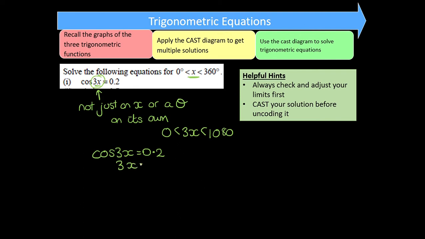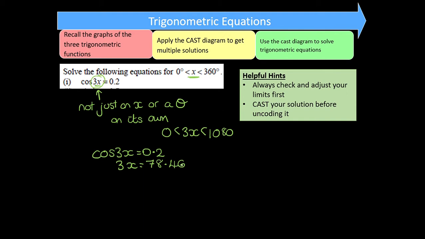So I'm going to inverse cos 0.2, and two decimal places because I'm going to give my final answer to one decimal place. It's really more important on these ones than the previous ones. I get 78.46.